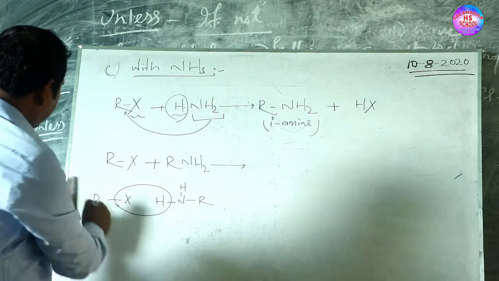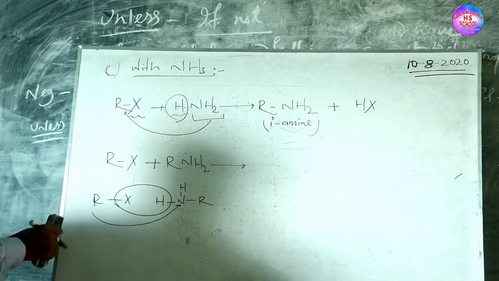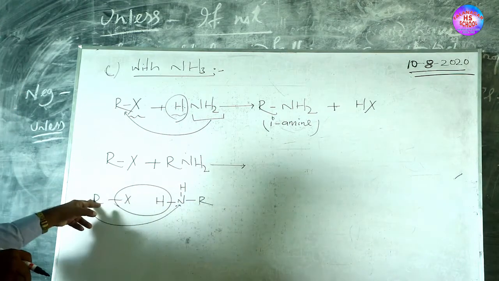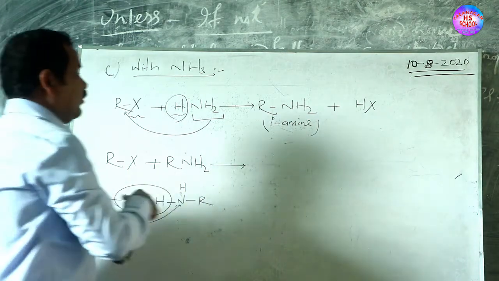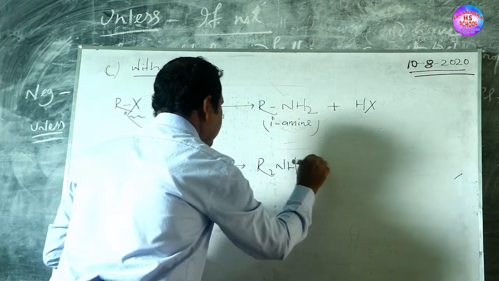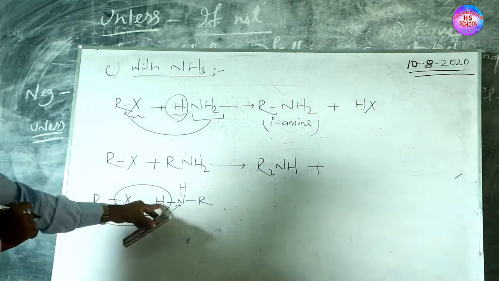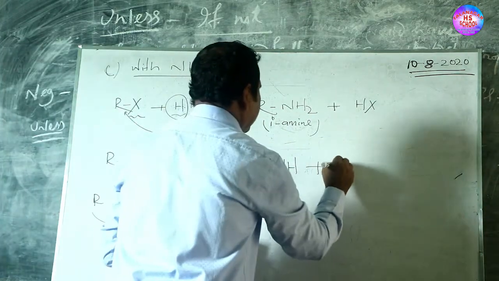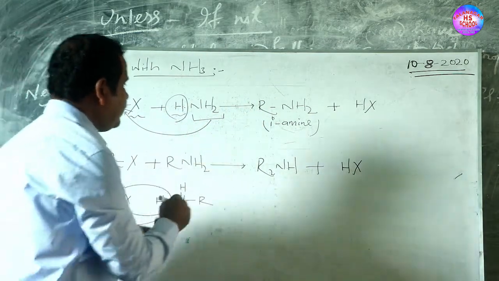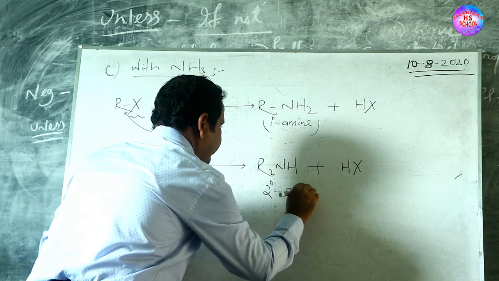This alkyl group R will be bonded to this nitrogen atom. So you get the product R2NH plus HX. R2NH is called secondary amine or 2° amine.